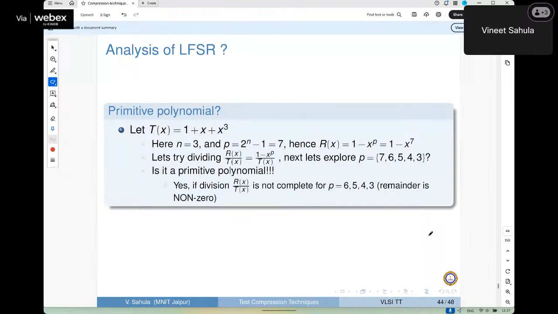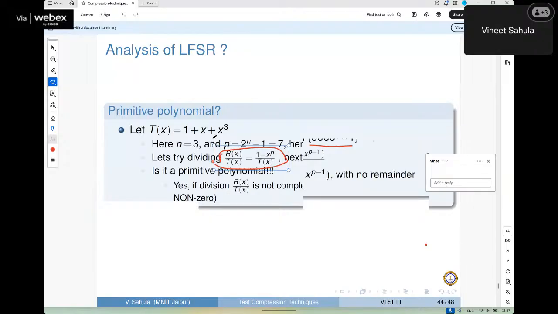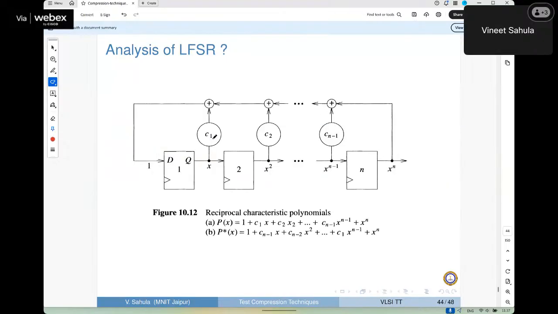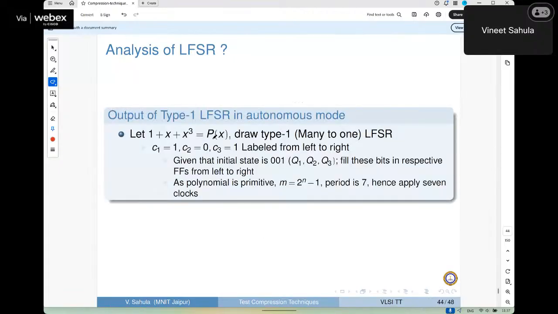This is the division we get, and some remainder we get. I can actually share the solution with you also, but what you have to do in the assignment is put the code in Verilog.